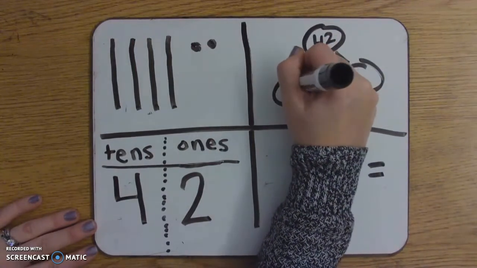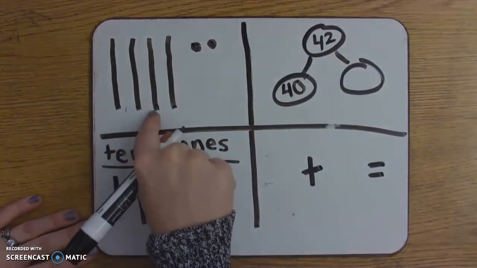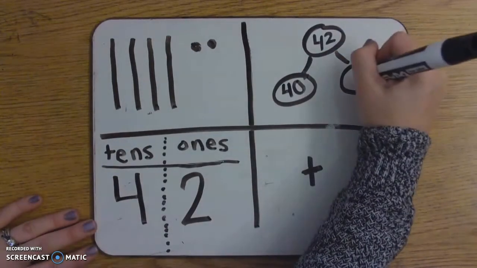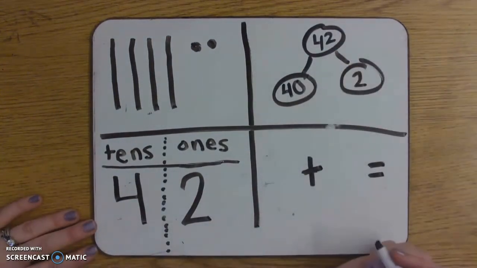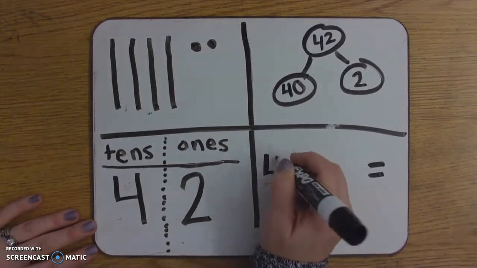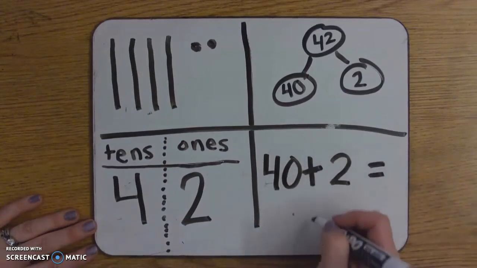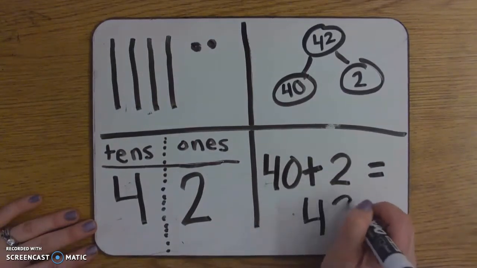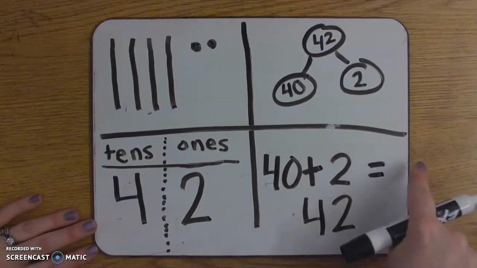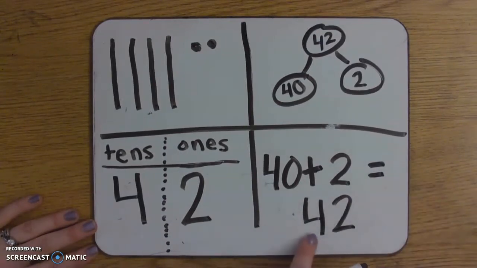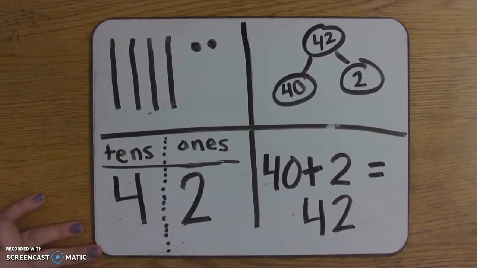So I see 40, 10, 20, 30, 40, and 2 more. Ready for our expanded form? We have 40 plus 2 equals 42. You can see I ran out of some space on my whiteboard. That's why I wrote my answer underneath it.